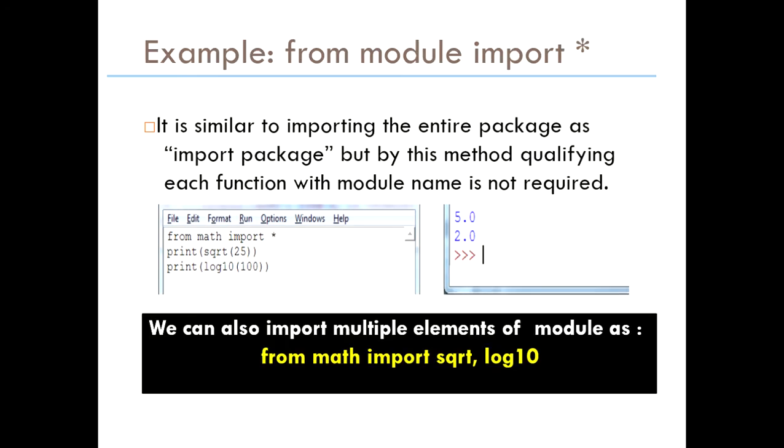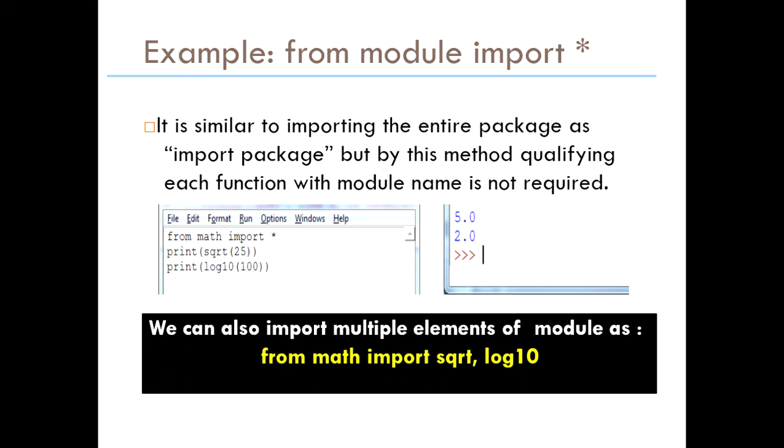Example: from module import asterisk. It is similar to importing the entire package as import package, but by this method, qualifying each function with the module name is not required. If we want to import all the module functions within our program, then we can write from math import star, print sqrt of 25, print log10 of 100.